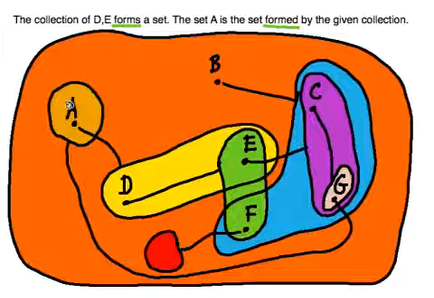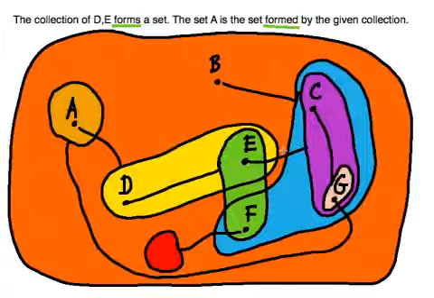Okay, one last try and then I'm going to give up on this. No. Okay. Oh, I actually did manage to do that in the previous case. Okay, great. So we've got the collection consisting of A that forms a set. And the set formed by that collection is the set G. And we also have a collection consisting just of G forming a set. And the set formed by that collection is the set C. And now the purple collection here that forms a set, it's the set E. The green collection that forms a set, it's the set D. The yellow collection that forms a set, it's the set A, and so on.